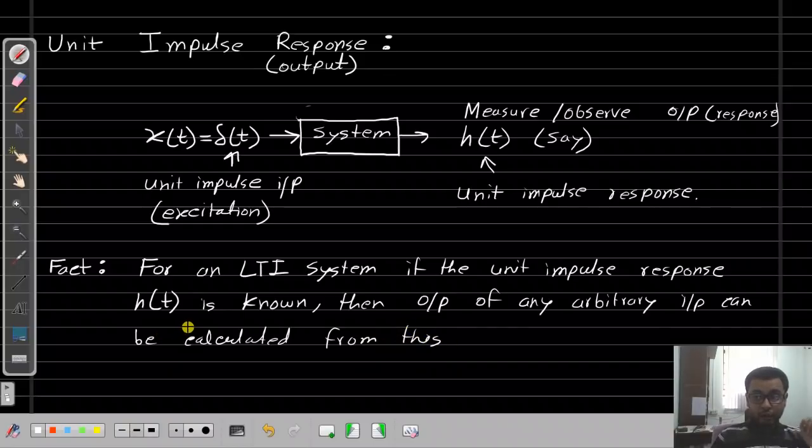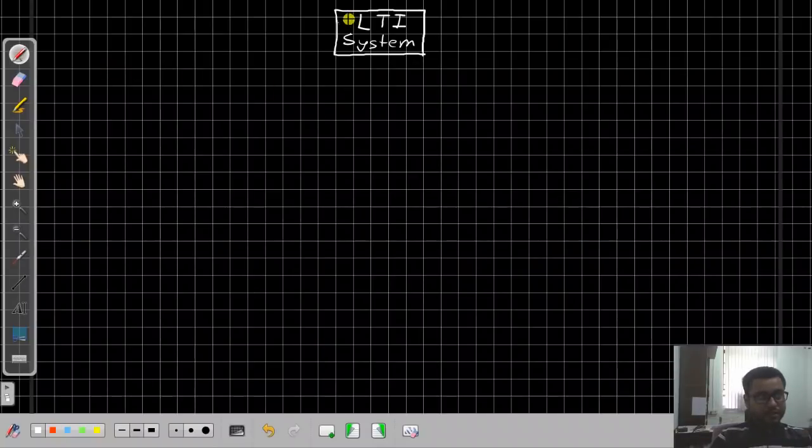How? That is what we shall see now. Suppose we have an LTI system, and if you give delta(t) as the input, the output is h(t). This is known or given.